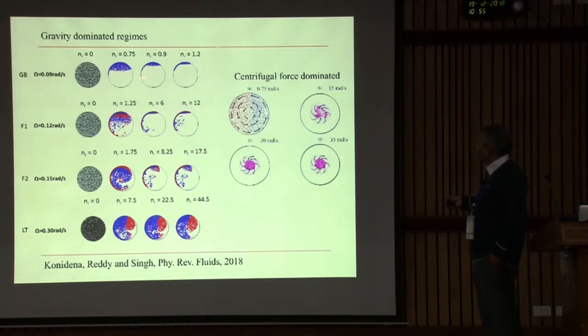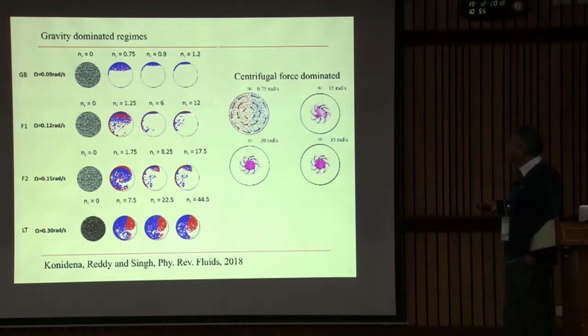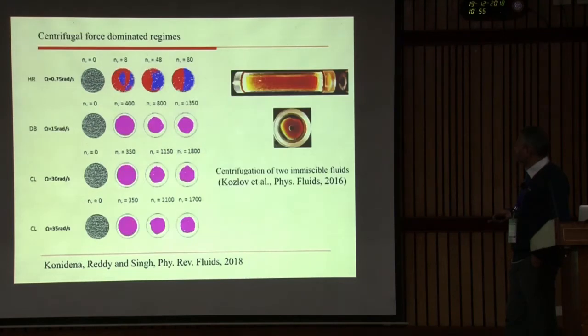These are the distributions of the particles, the initial distribution at a certain rotation. At low rotation, you see that after only a few rotations, 1.2 rotations, almost steady state was reached. I mean, they were not changing much. Whereas if you go for fingering flow and the low rotation transition, you need to take more revolutions in order to get the steady distribution.